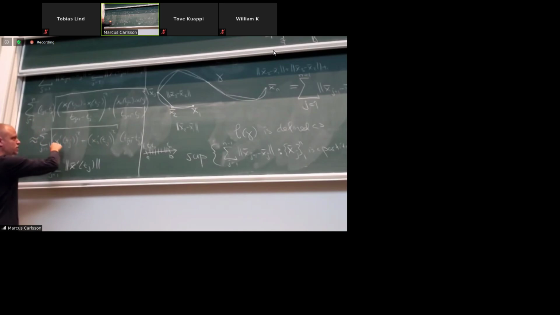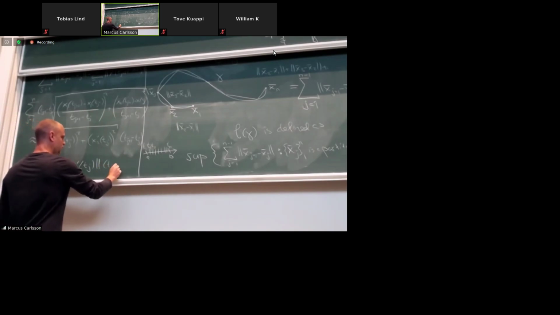And if you know or remember your analysis 1, this is a Riemann sum. We can write this a bit shorter, like sum j goes from 1 to n, x prime, now with a bar on it, evaluated at tj. Because here we just have the norm of the derivative of x as a vector. And then times tj+1 minus tj.